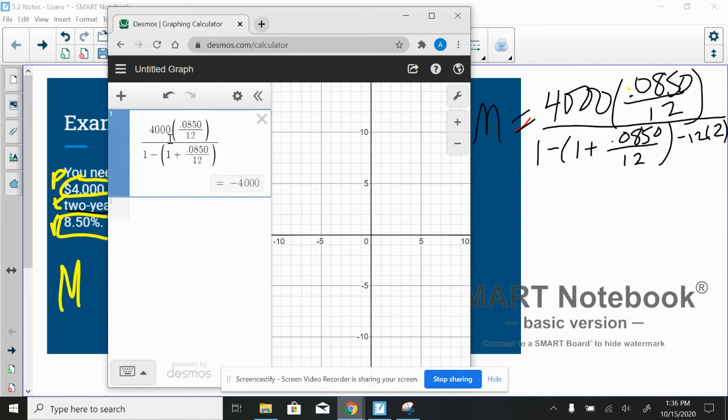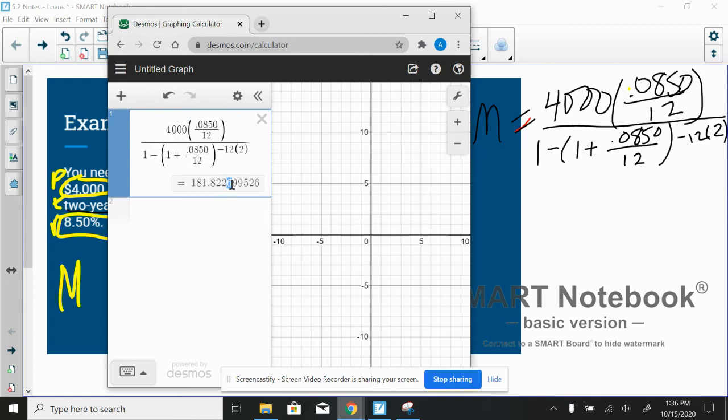I'm going to arrow over to close that off because it's 1 plus rate divided by 12 in parentheses, shift 6, and then negative 12 times 2. If you need that exponent, the quick key is shift 6. Make sure you make it negative.